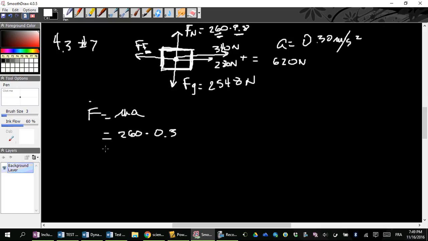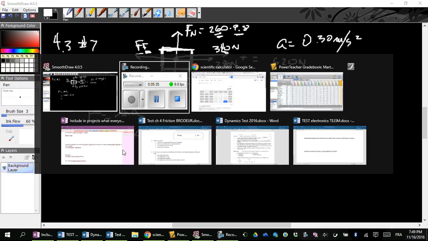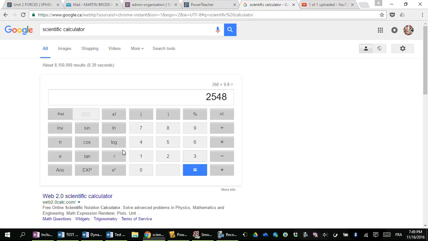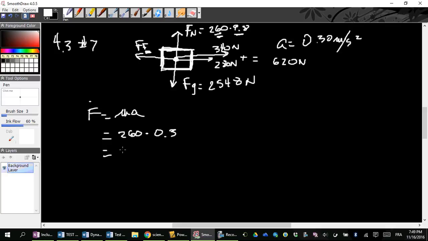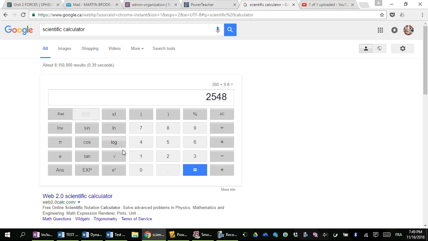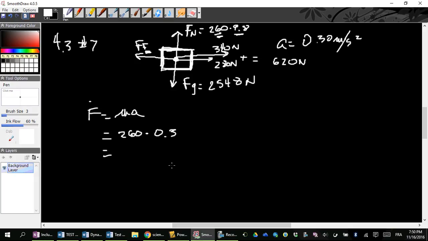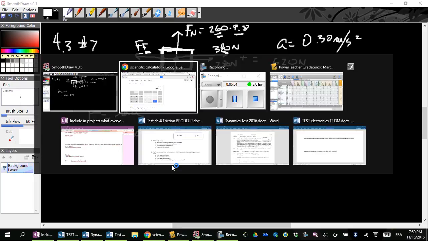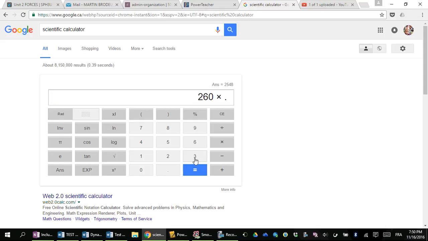Just calculate that. It'll tell you an F. My number 260, 0.3, because of the acceleration. So 78.